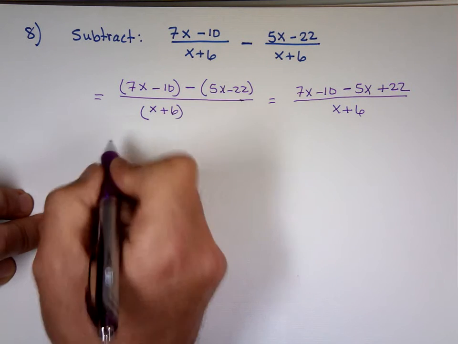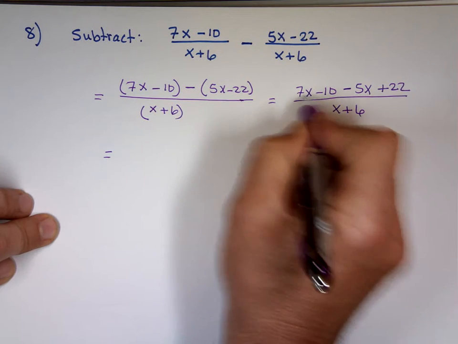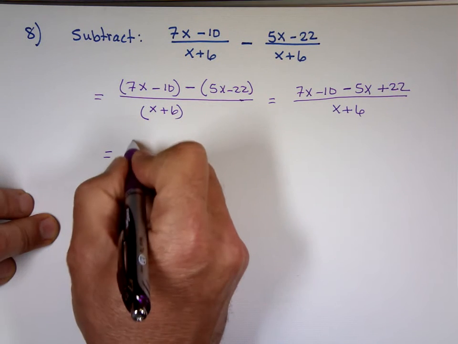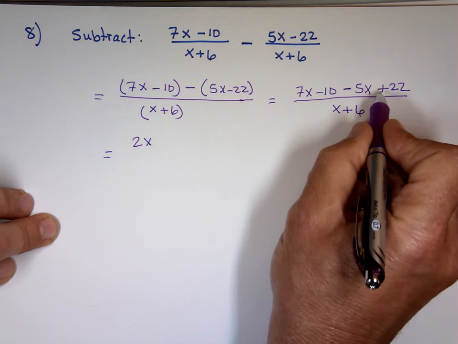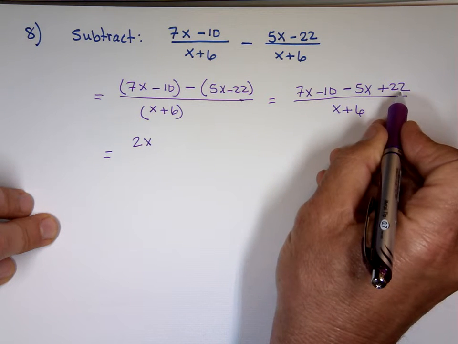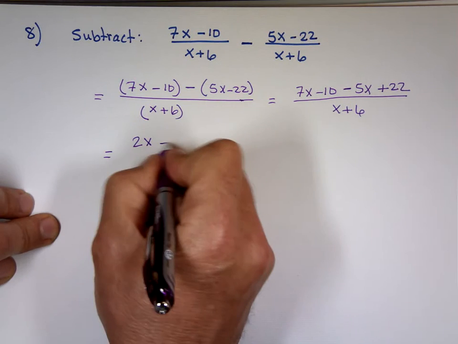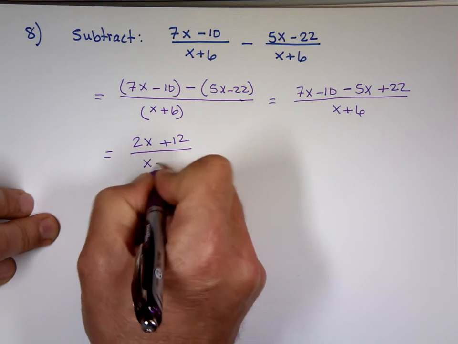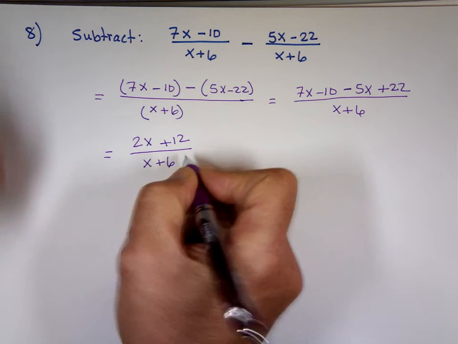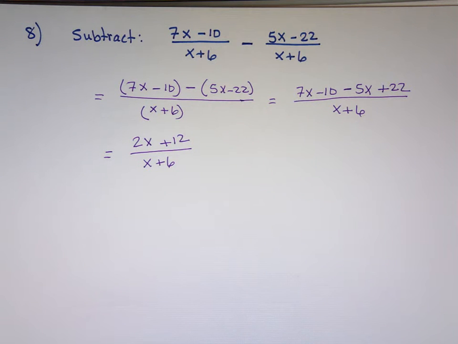Now let's simplify it. What is 7x minus 5x? 2x. What's a negative 10 plus 22? Is it plus 12? Now the question is, can I simplify this? And to simplify that means, can I factor this?